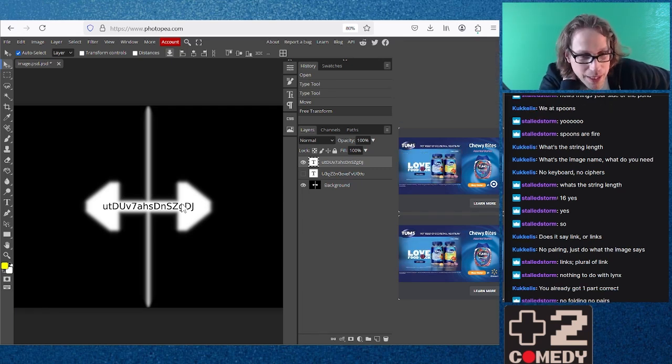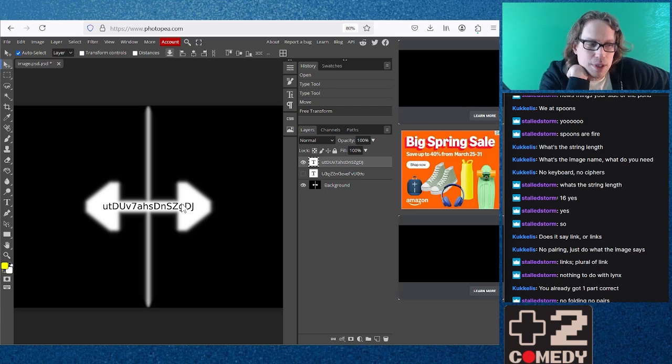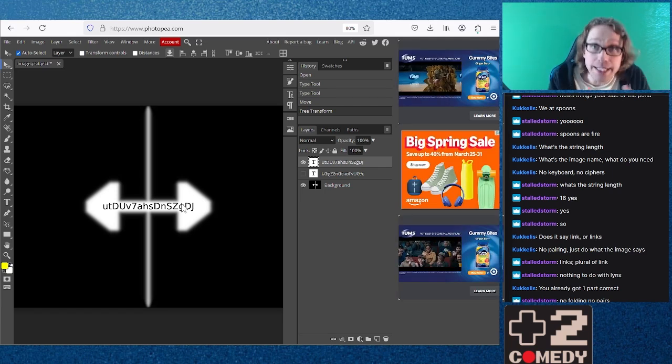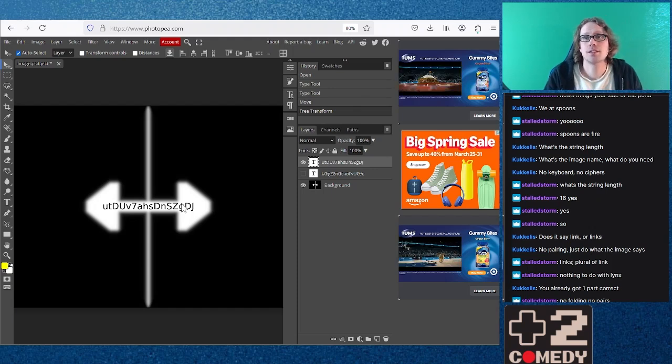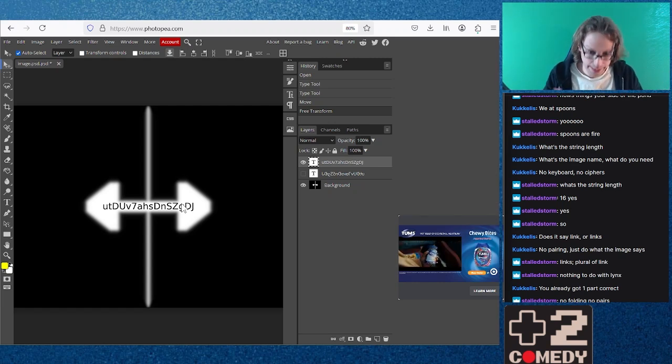No folding, no pairs. Just do what the image says. The links. 3, 2, 1, links. Noah runs to the store. Noah links the letters. He links them.